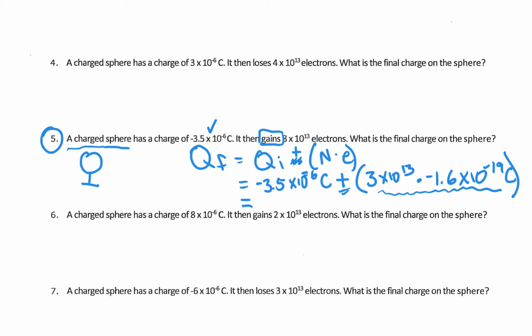Remember second function EE on most calculators. Times negative 1.6 times 10 to the negative 19th. And on my calculator, I get negative 8.3 times 10 to the negative 6th coulombs. So that's a typical problem that we did right before our February vacation.